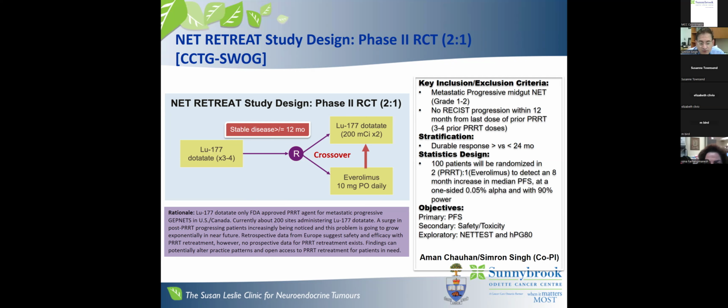One is we've been working with the NCI and have increased the CRADA funding quite significantly, to the point where this will probably be one of the better funded cooperative group trials that we're going to see. And we are working towards also adding a second cohort of pancreatic neuroendocrine tumor patients that may be offered retreatment as well. So this trial is underway and a very exciting trial to see about retreatment.